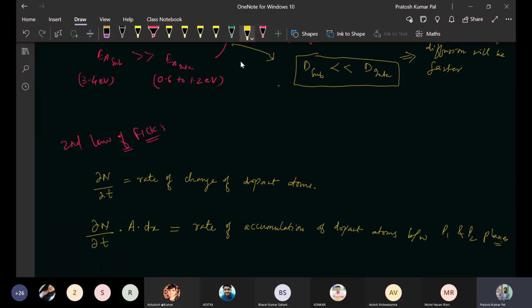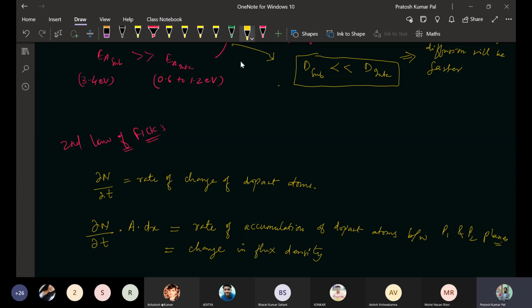This rate of accumulation of dopant between these two planes will be equal to the change in the flux density.